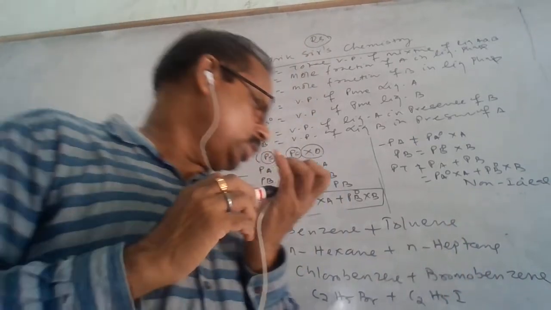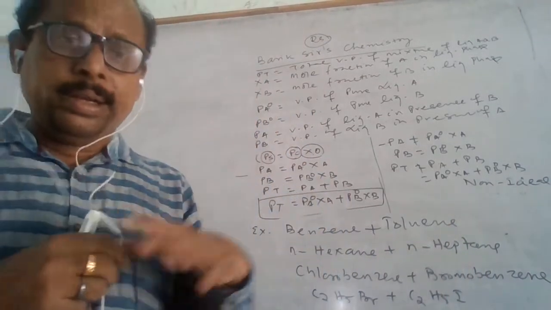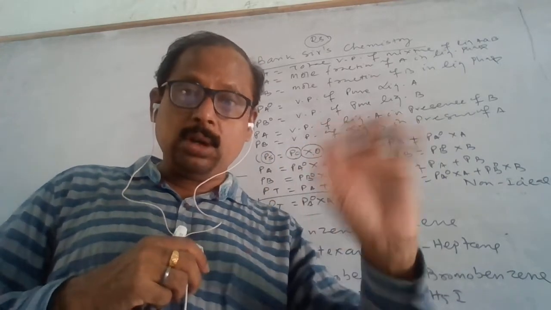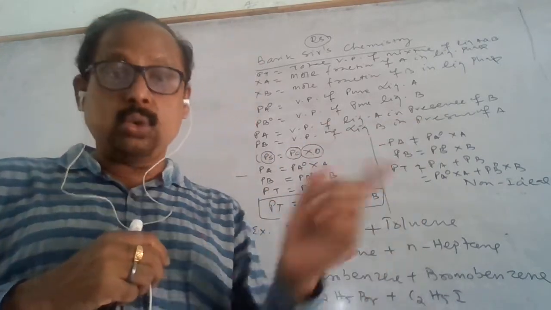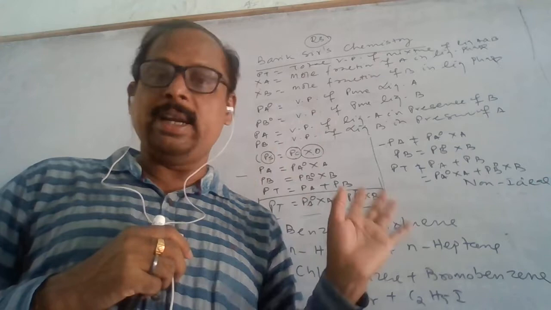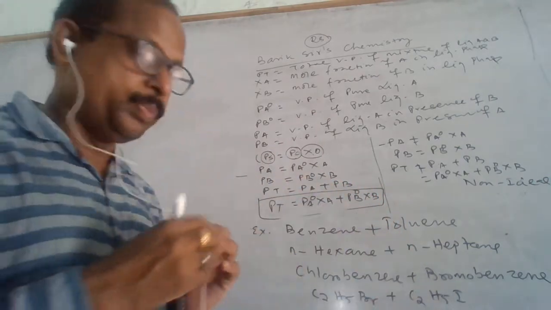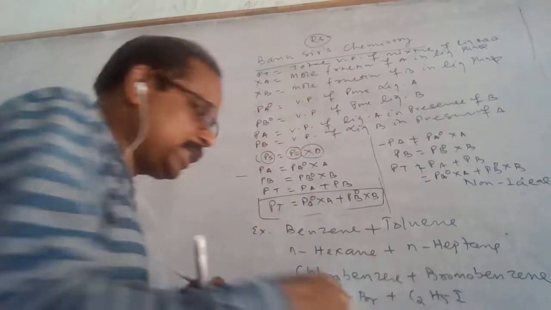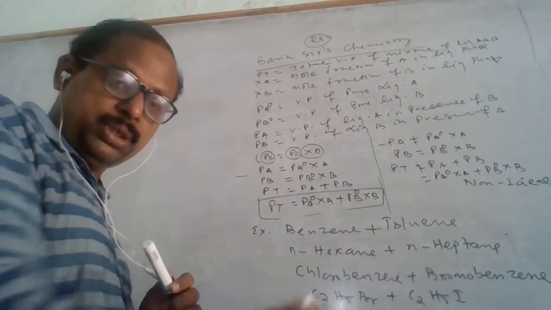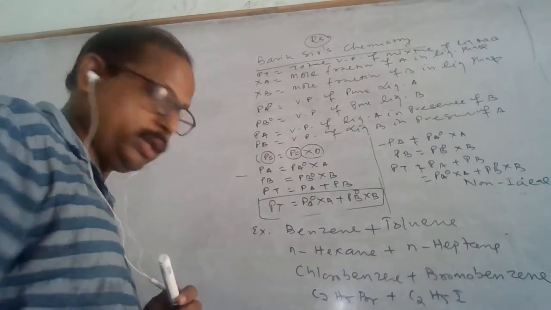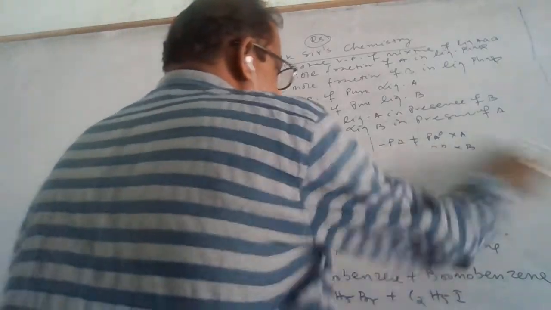So these four are, as I told you, not perfectly ideal solutions. No solution is perfectly ideal, but they approach ideal nature. Okay, so these are the examples of ideal solutions.